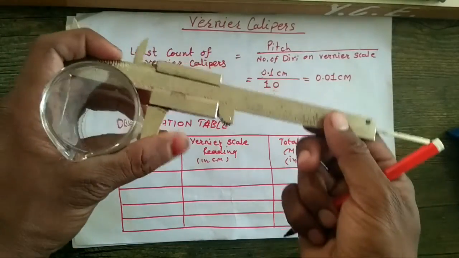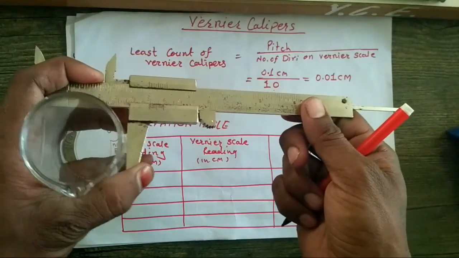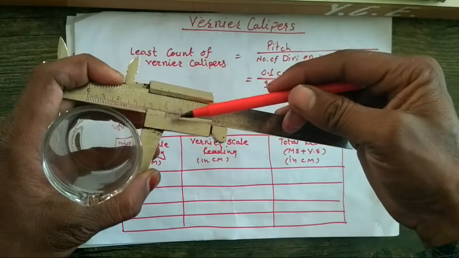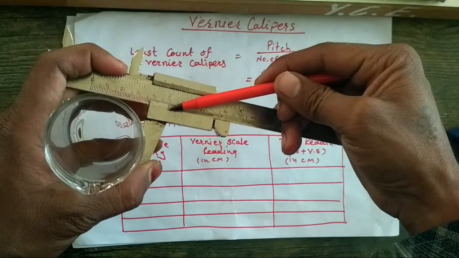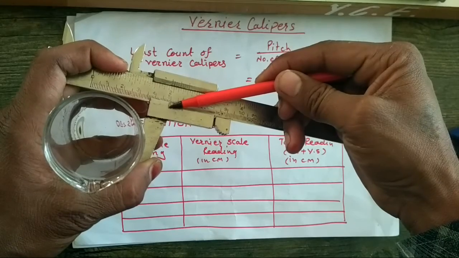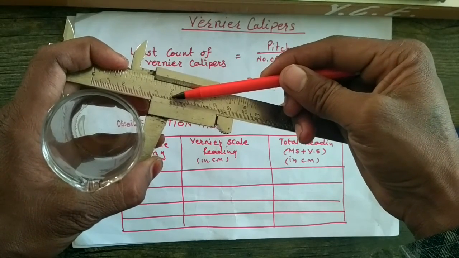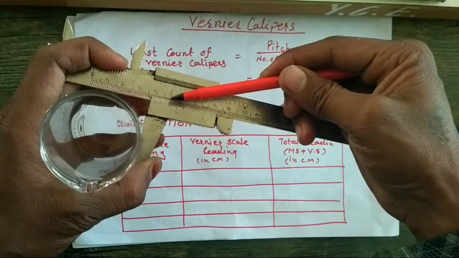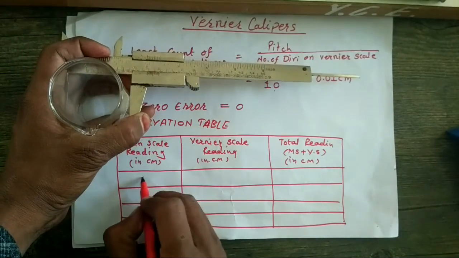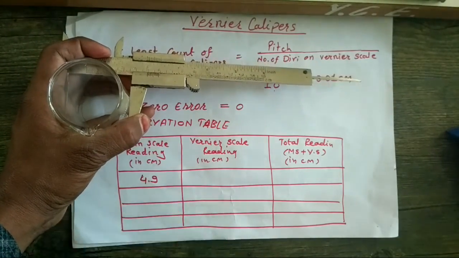Now you are to read the main scale and vernier scale. You need an observation table to record the reading. As you can see over here, the 0 of the vernier scale has crossed 4.5 and then 4.9. So the main scale reading is 4.9 centimeter.